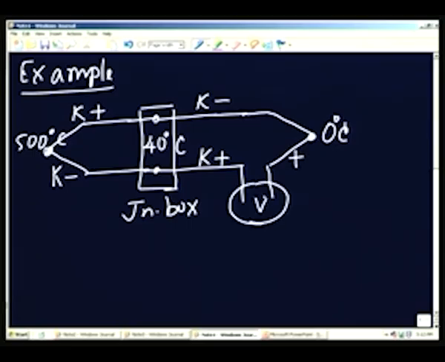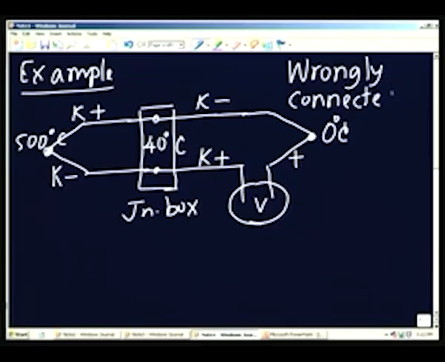I have connected like this. So, the mistake is that the positive and the negative elements have been switched at the junction box. So, this is the wrong connection, and we would like to find out what is the consequence of such a mistake.